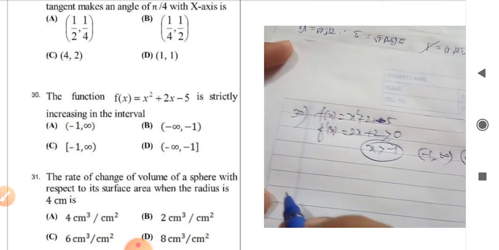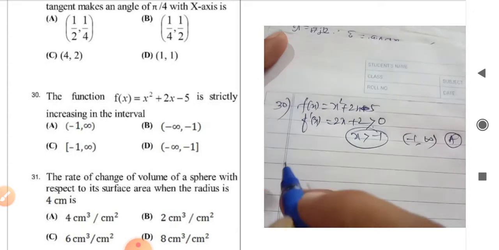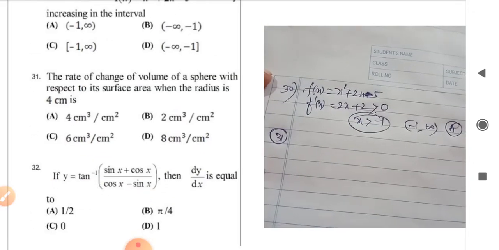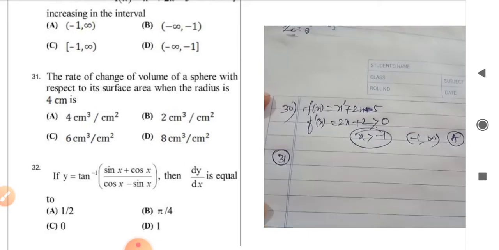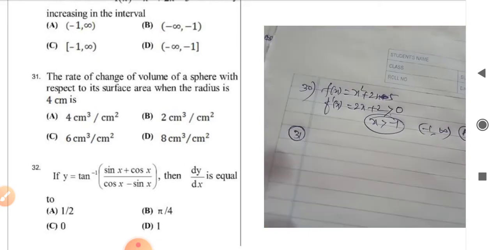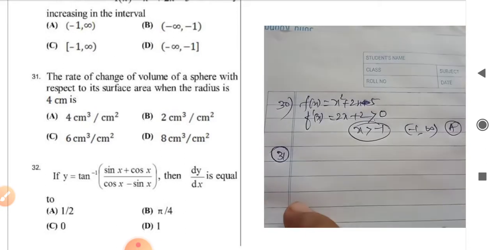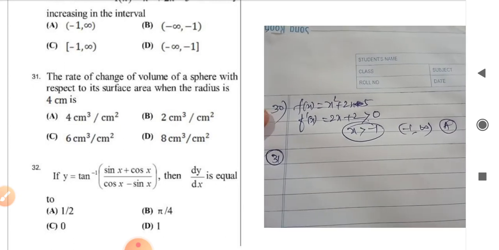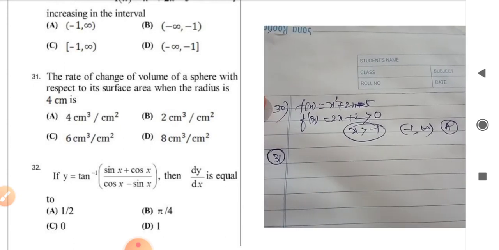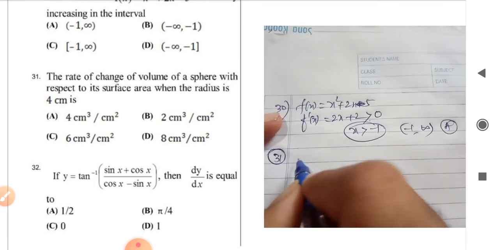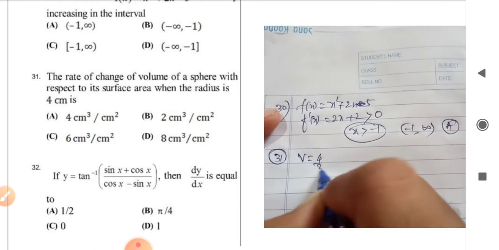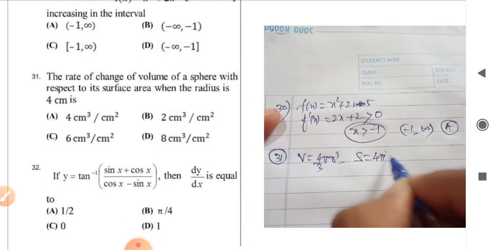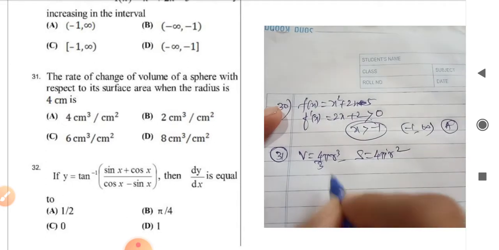Now I go for the 31st problem, a simple problem. What they have given is the rate of change of the volume of a sphere with respect to its surface area when the radius is 4 centimeter. Remember, volume of a sphere is 4 by 3 pi r cube, and the surface area is 4 pi r square. They are interested in dv by ds.